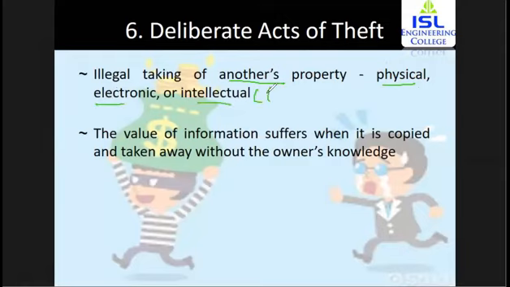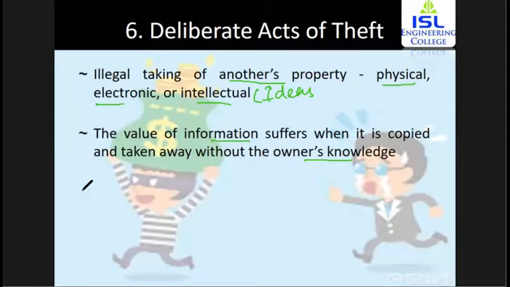Intellectual property means it can be your ideas. The value of the information suffers when it is copied or taken away without the owner's knowledge. If a burglar comes and copies the information, or replicates the data, the organization is going to suffer because it has lost its most important asset, that is data.